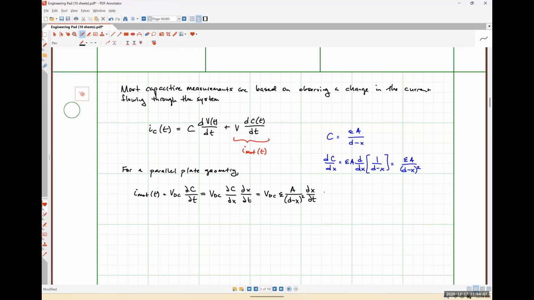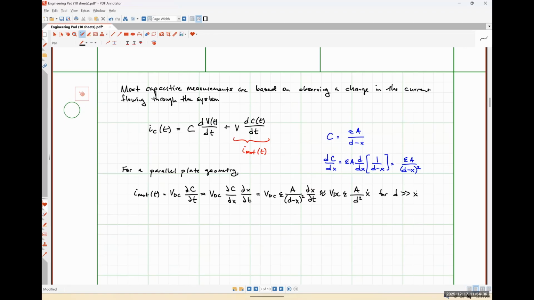And this will be approximately equal to our DC voltage times epsilon A over the distance between the plates squared times our velocity, for D much, much greater than our displacement.